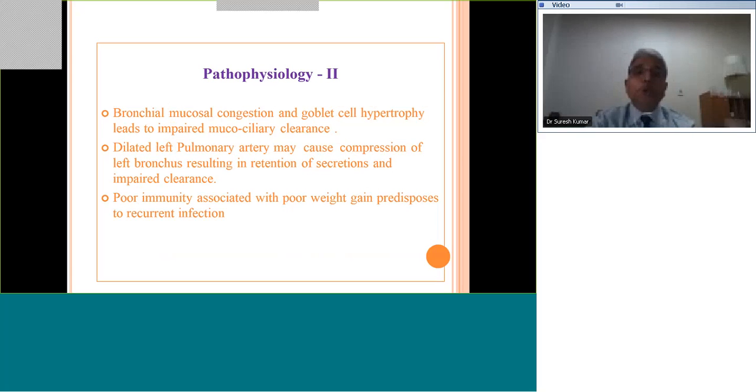Also, poor immunity associated with poor weight gain is a predisposing factor for recurrent infection. So there are multiple reasons why recurrent respiratory infections could occur in a child with heart disease.